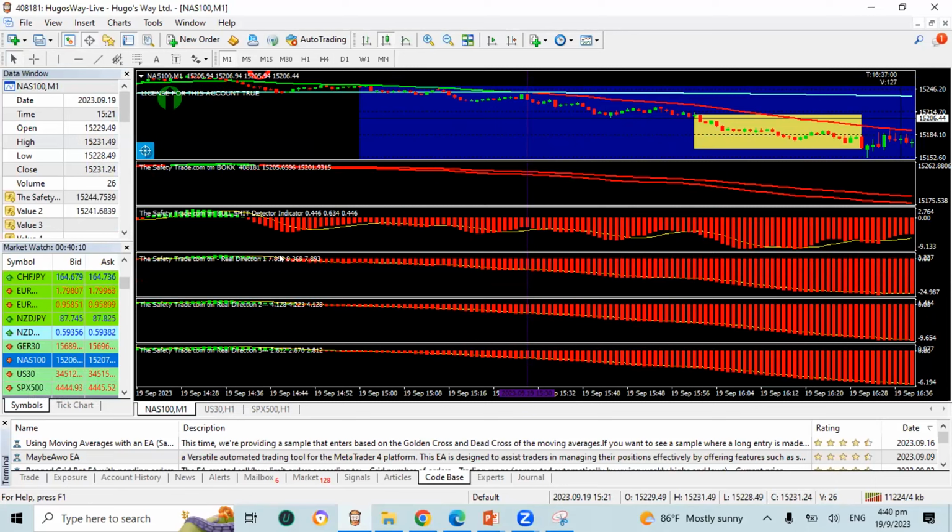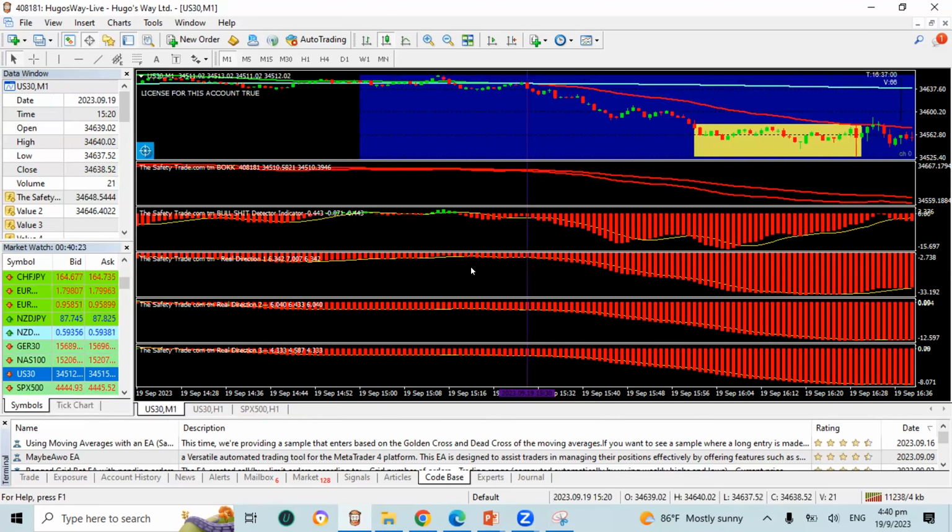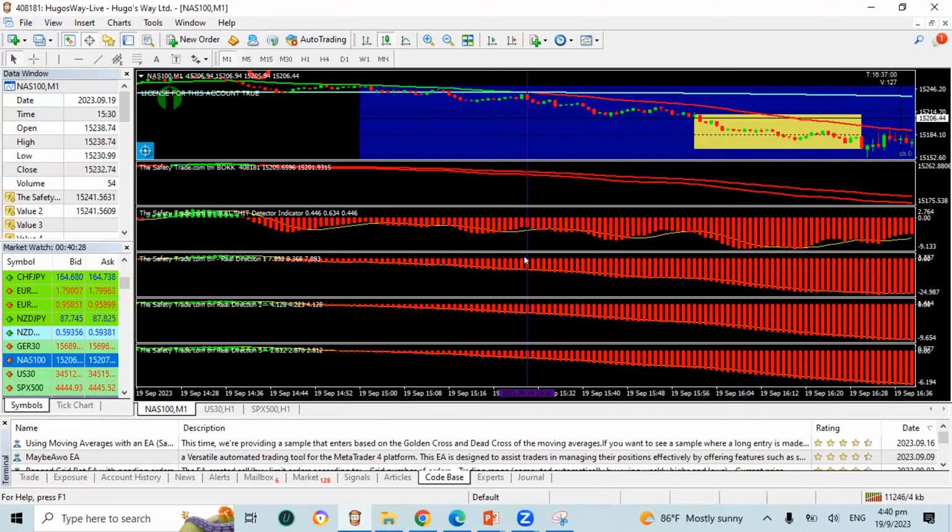NAS is similar, yes? Let me look, but where were we? Were we at US30? Yeah, US30 crossed it here. NAS crossed it round about the same time too, right? And then SPX.